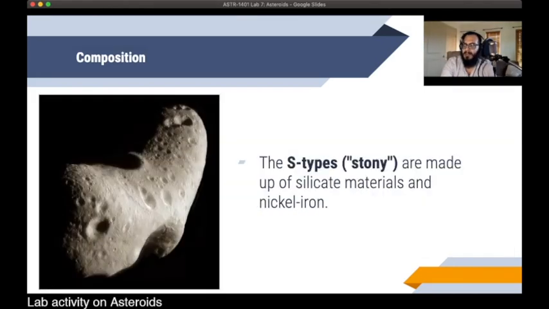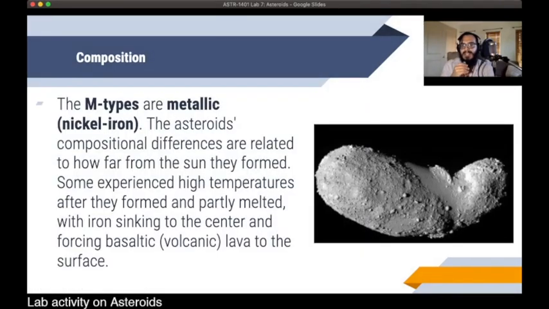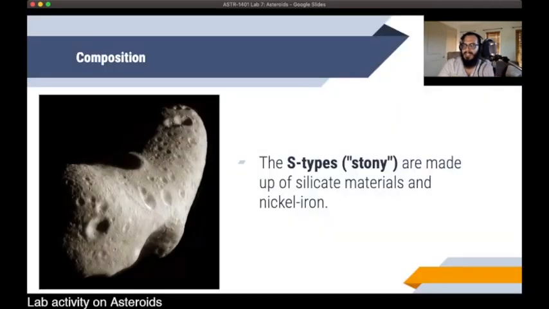The S type, or stony, are made of silicate materials and nickel iron. The way that I remember this one is S type for silicate materials. There is nickel iron, but you'll notice the M type is the metallic type, and this contains nickel iron as well. So between the S type and the M type, the way that I remember the S type is that the silicate materials are the key part.